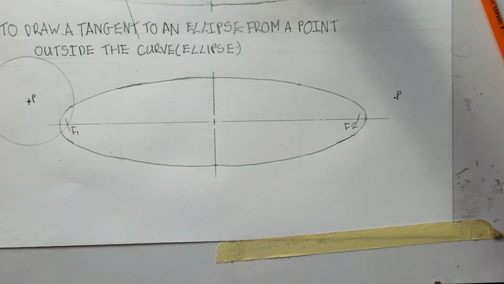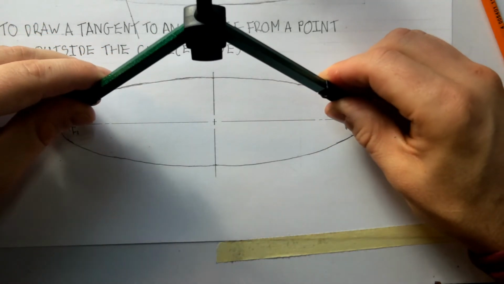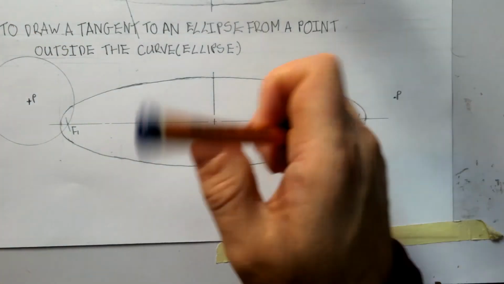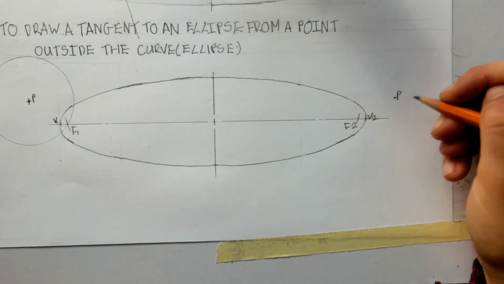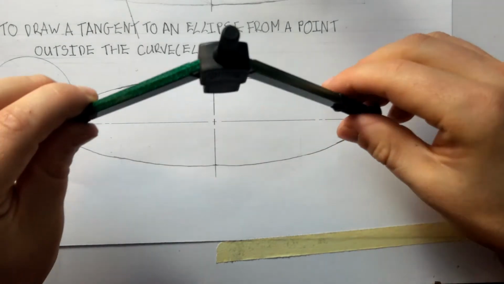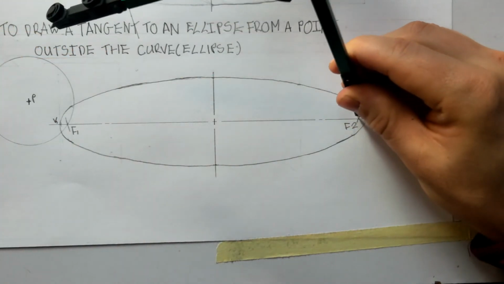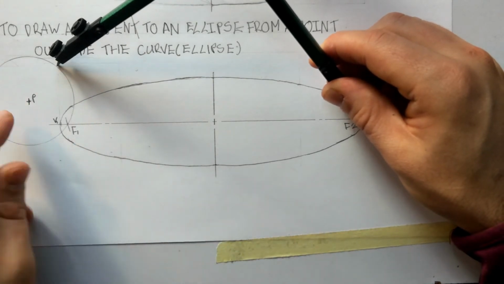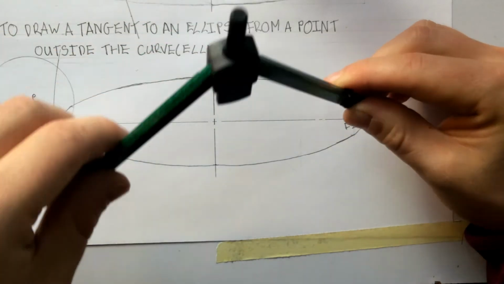Now, set your compass to the length of the ellipse, so the major diameter, or V1 to V2. And from the furthest focal point, and what do I mean by furthest focal point? The furthest from the start point of the tangent, you're going to swing an arc.